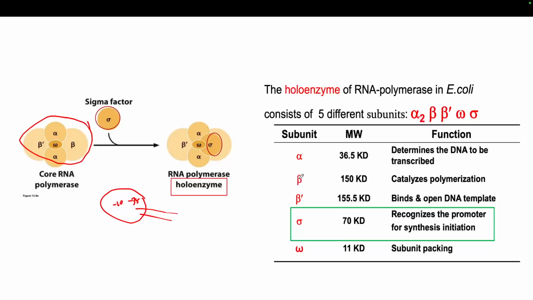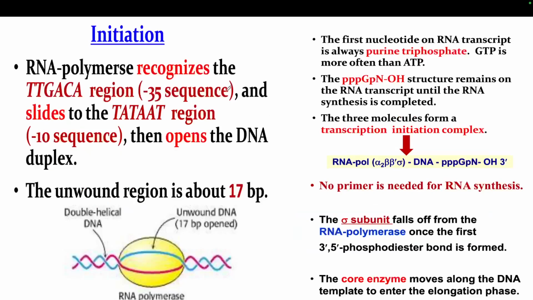Okay, so in transcription also there are phases, like in DNA replication. The first one is initiation, the second is elongation, and the third is termination. So firstly, as I told you, the RNA polymerase goes and searches for the promoter sequence.